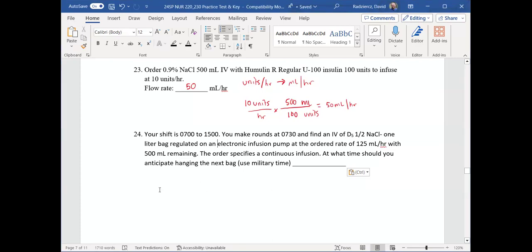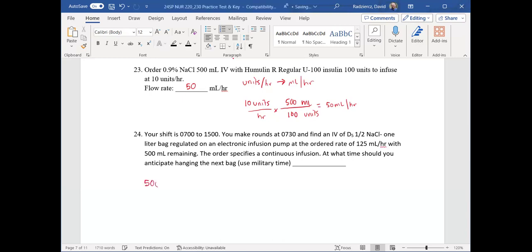All right. Before I worry about the time, I want to know how long this is going to be infusing for. So I have 500 milliliters.